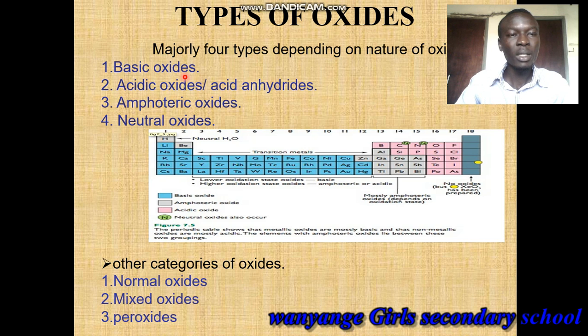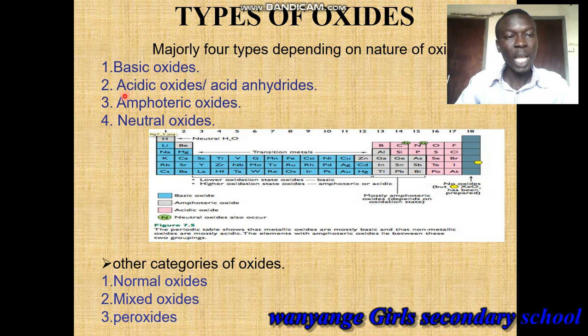So when you have a metal combined with oxygen, the oxide formed is a basic oxide. These oxides are in most cases solids. We said all metal oxides are solids at room temperature. So these ones are metal oxides.